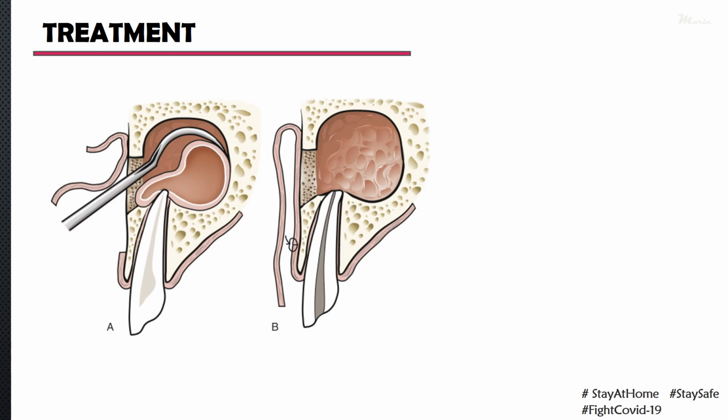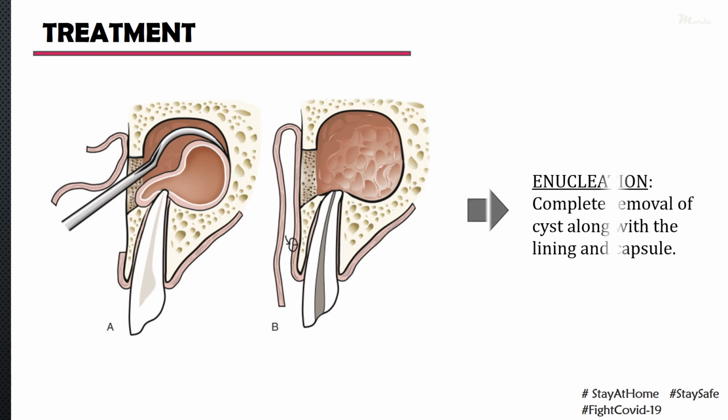Here is an illustration of the technique of treatment for a cyst, that is the surgical enucleation. In this technique, the cystic lining along with the capsule is removed completely.